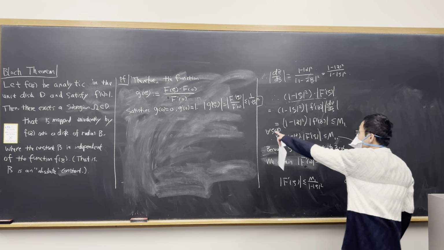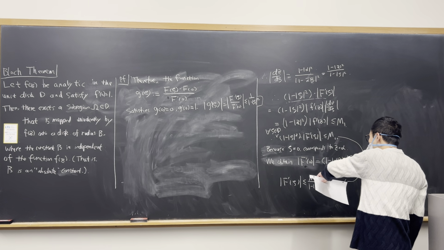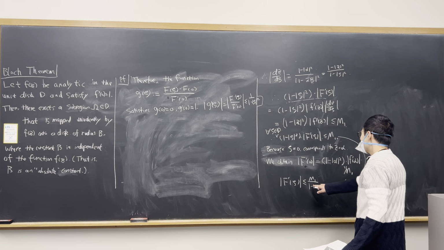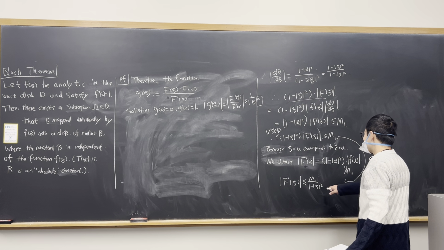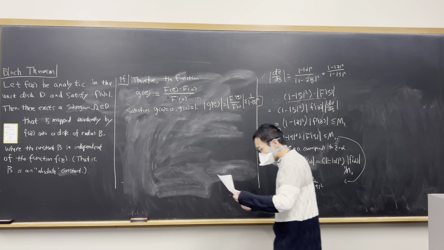Because the top is less than or equal to m1 over 1 minus modulus zeta squared, and the bottom one is equal to m1. So just divide it out. Okay. All right.